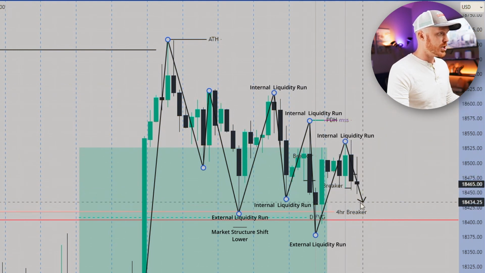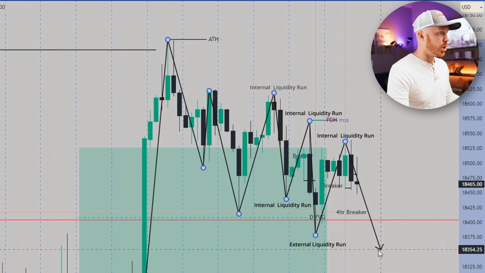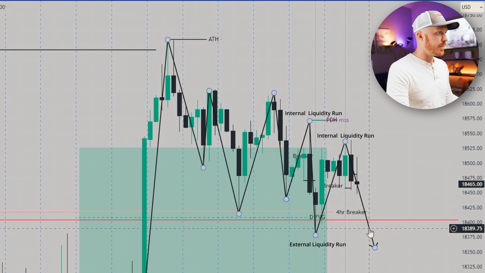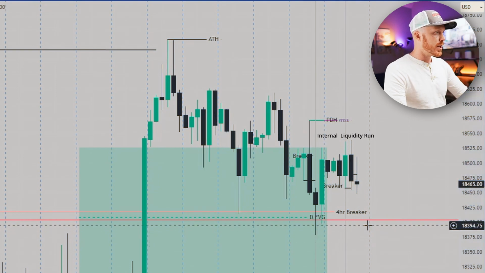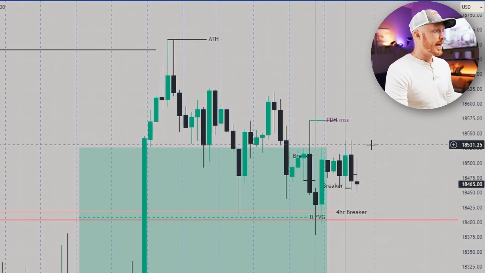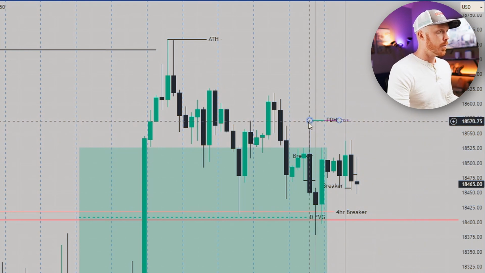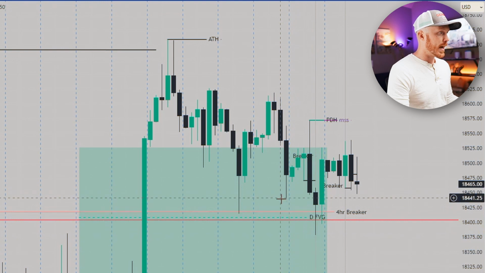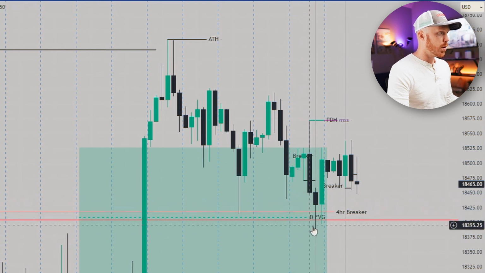The expectation is the market is going to go lower until we see something different, until we see a market structure shift. A market structure shift is the high from the last low that was created. This is the lower low. We have the low right here that was broken.